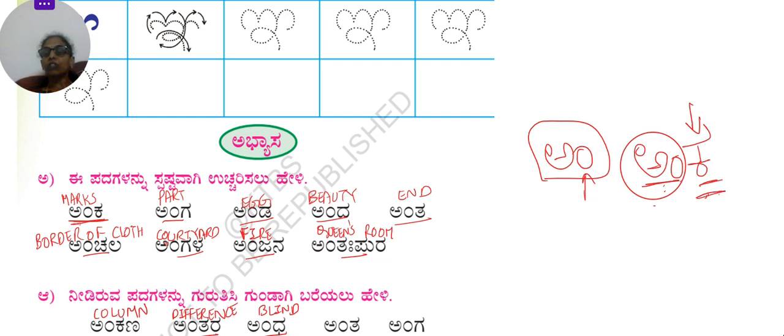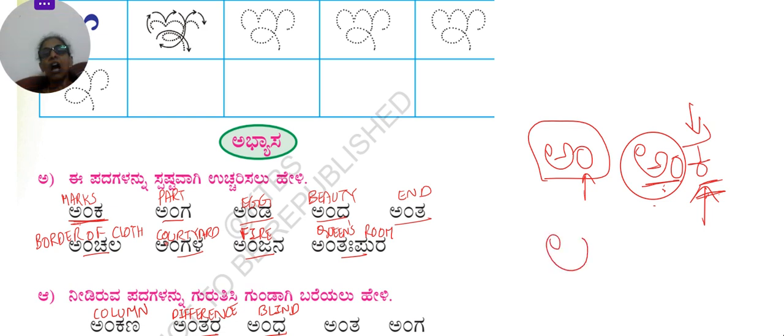In case your lips don't touch, like in this case where you're pronouncing ka, you have to pronounce this as anka. Okay, anka.